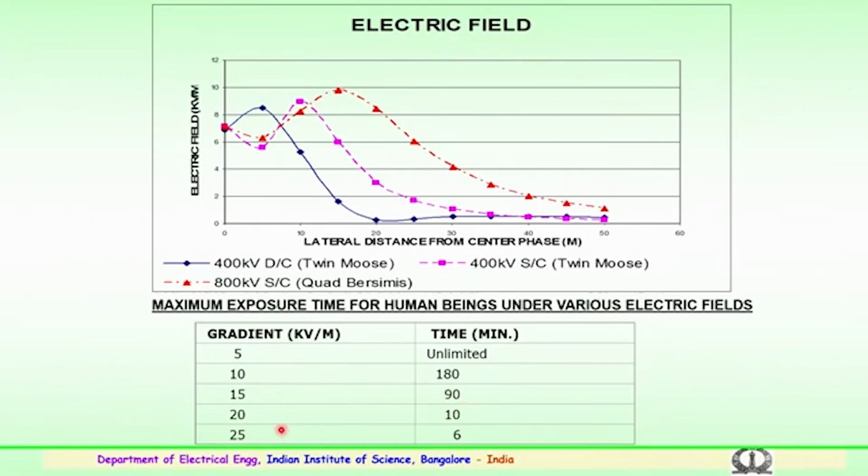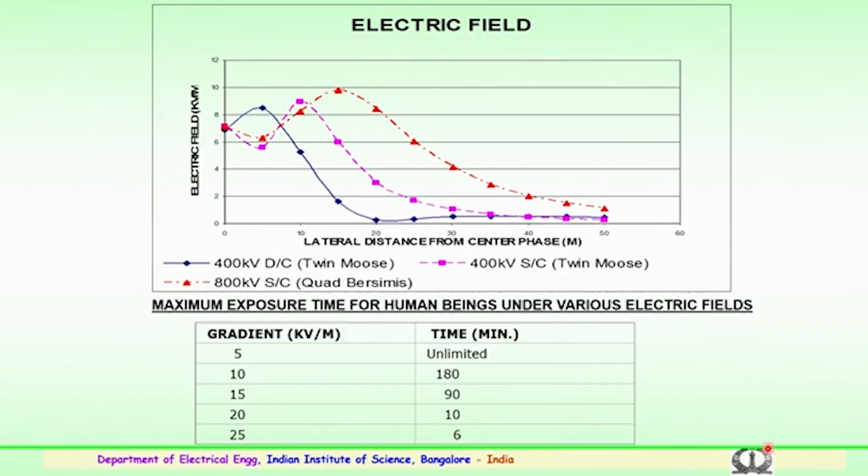In case the gradients increase to 15 kV per meter, the exposure should not be more than 90 minutes, or 1 hour 30 minutes. Similarly, in case the gradients exceed 20 kV per meter, the exposure should not be more than 10 minutes, and if the gradients are 25 kV per meter, the exposure should not be more than 6 minutes.